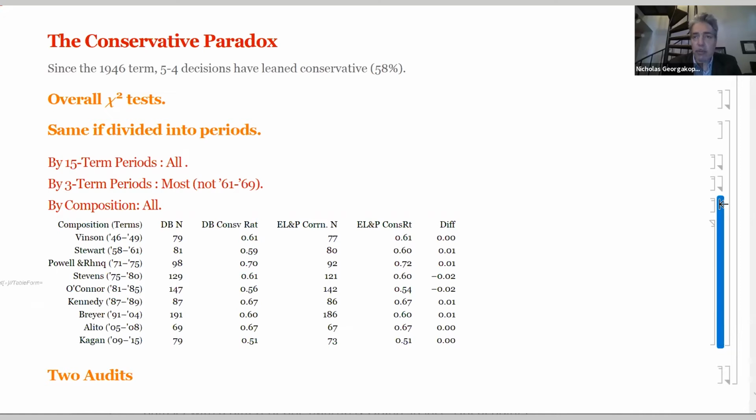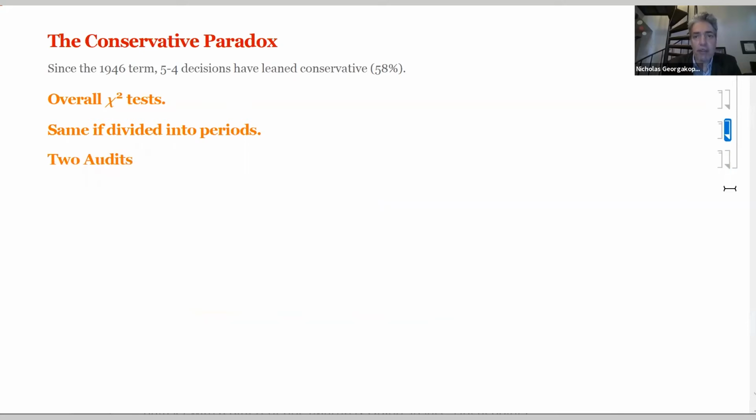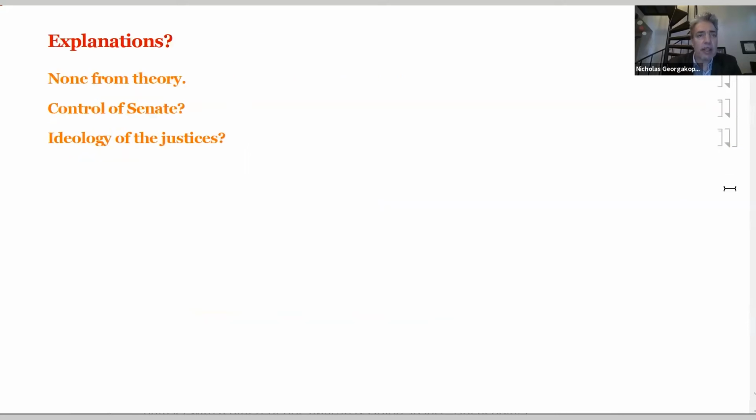Each composition that issues more than 40 decisions. And I have 2 audits that seek to overcome the objection that calling something a conservative or a liberal decision is subjective. The next step is to sit back and think about why we might have such a bias.